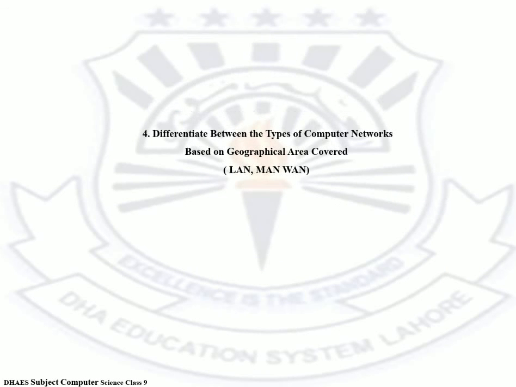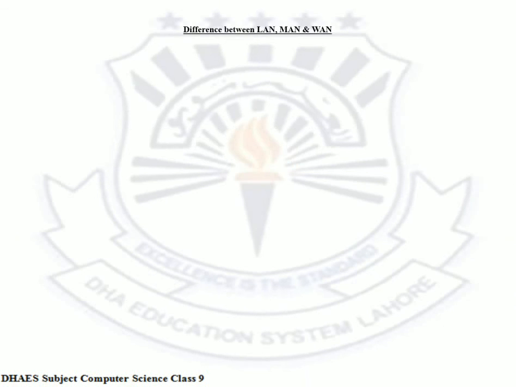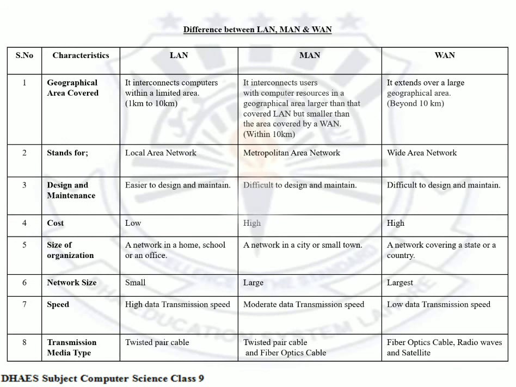Objective number 4. Differentiate between the types of computer networks based on geographical area covered: LAN, MAN, and WAN. Let us see a comparison chart to differentiate between LAN, MAN, and WAN. Number 1, characteristic: geographical area covered.